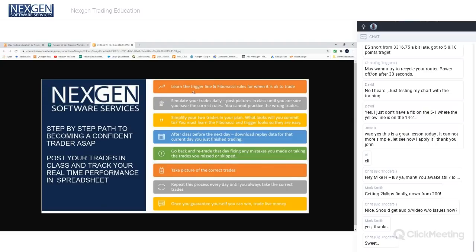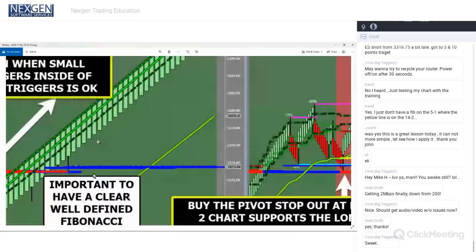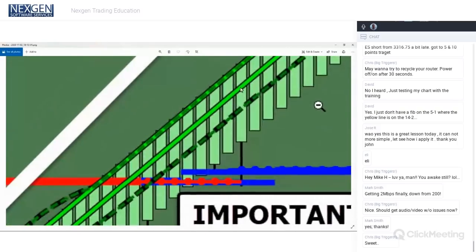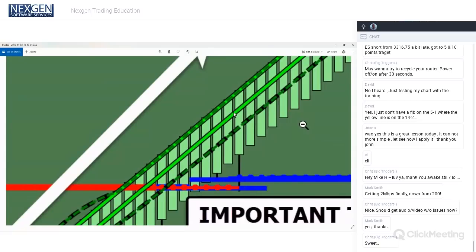So you have to believe what's about to happen, right? You have to look at a chart and look at your lines and believe what's going to happen. It doesn't have to happen, and you have to be willing to lose a little money in case it doesn't. But if you don't have the right expectation, you're going to lose, and you're going to lose consistently, and you're going to lose forever.